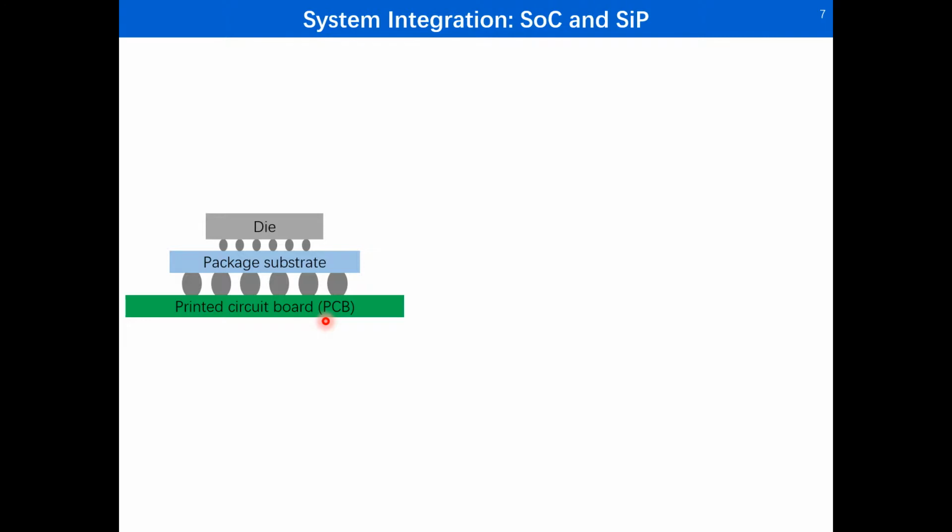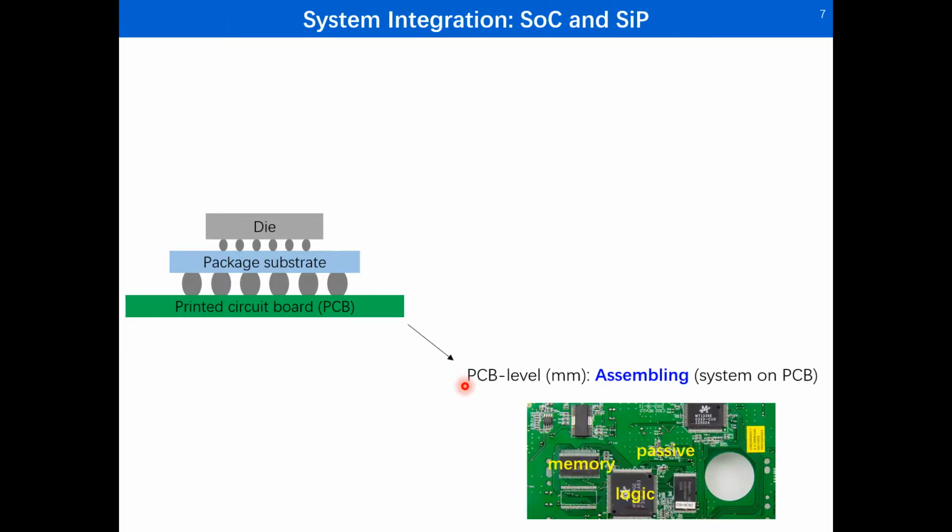To make a system like a smartphone or a PC, the different components needed to be integrated, such as memory, logic, passive devices, and so on. This work is normally performed on a PCB level, and it is called assembling a system on PCB.